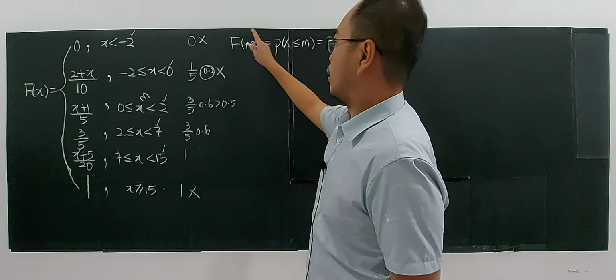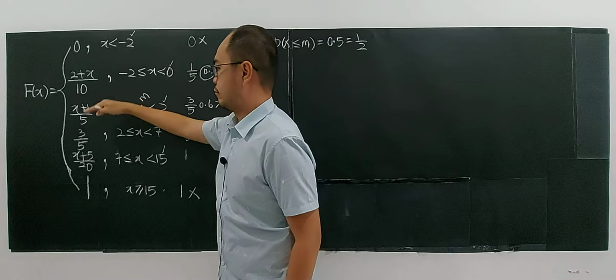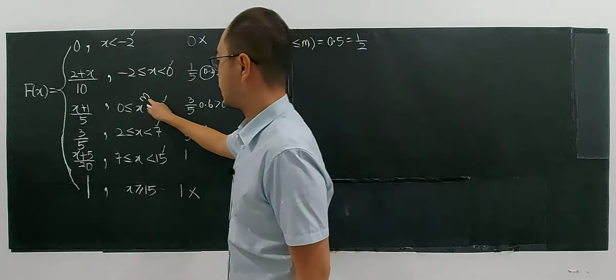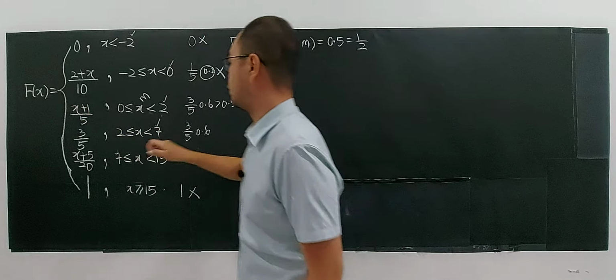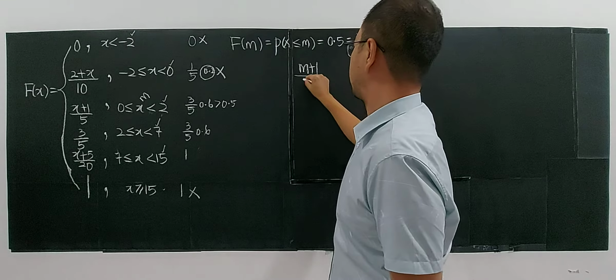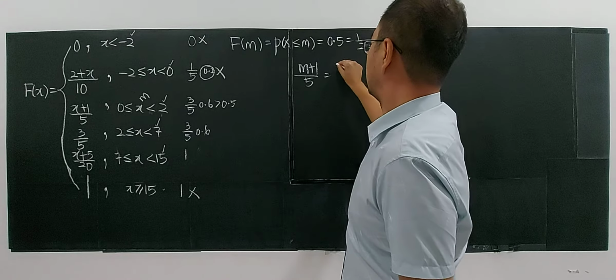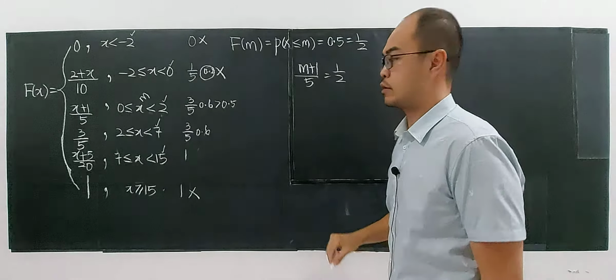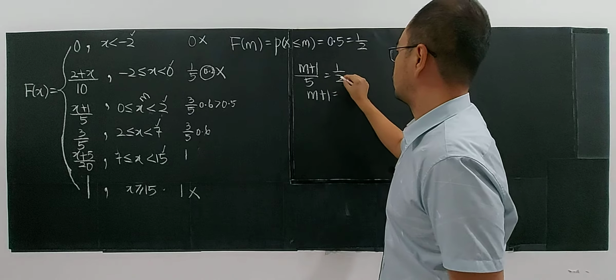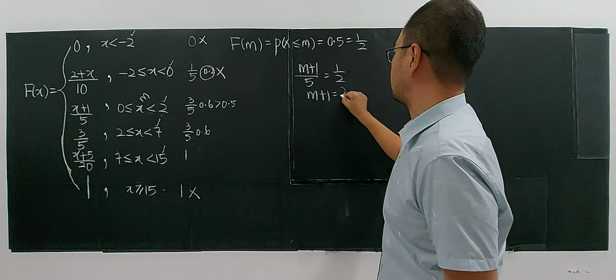Of course, you have to select the correct function to substitute m. In this case, m is here, so you substitute m into here. You get (m plus 1) over 5 equals 1 over 2. Very simple. So m plus 1 will be 5 over 2, which is 2.5.